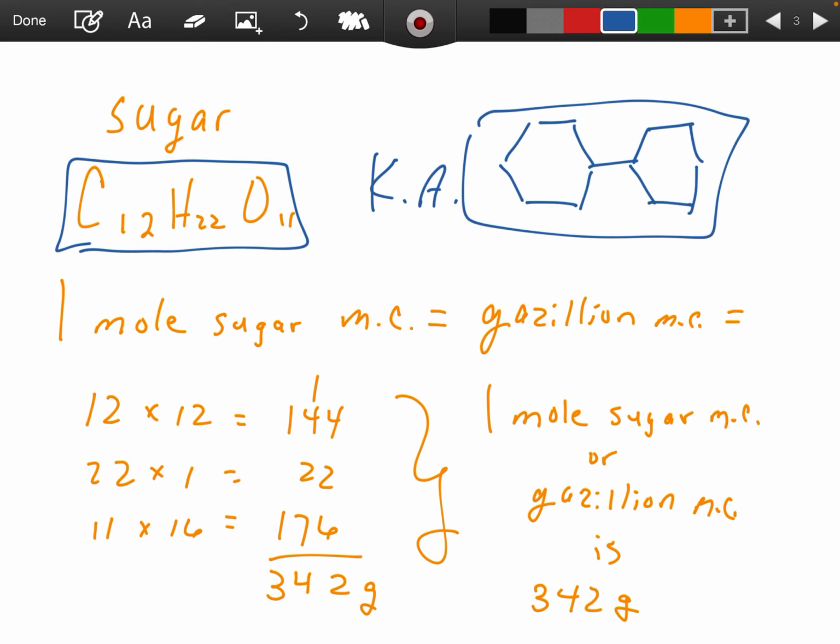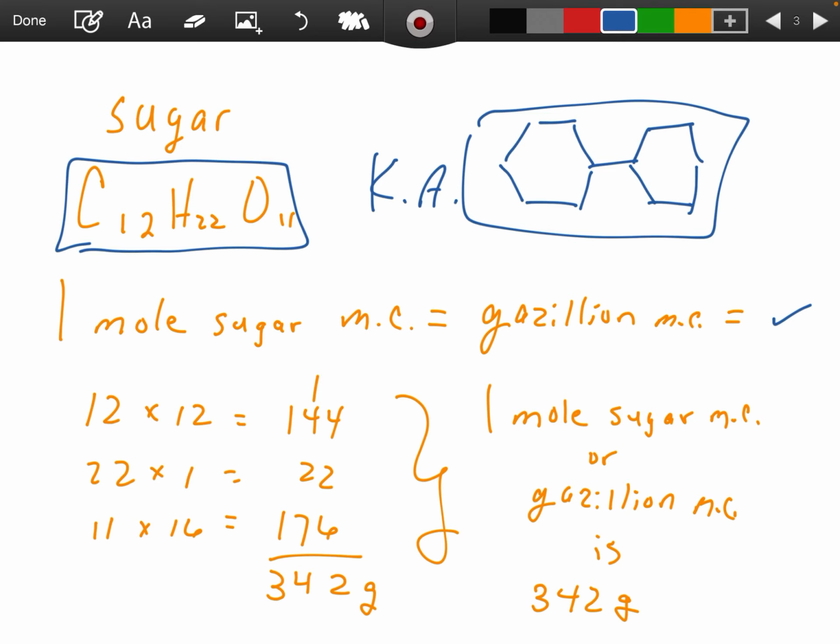1 mole of sugar molecules is a gazillion molecules. How do we find the molar mass, or mass of a gazillion sugar molecules? Well, if you have a gazillion sugar molecules, you're going to have a gazillion carbon atoms. You're going to have a gazillion hydrogen atoms. You're going to have a gazillion oxygen atoms.